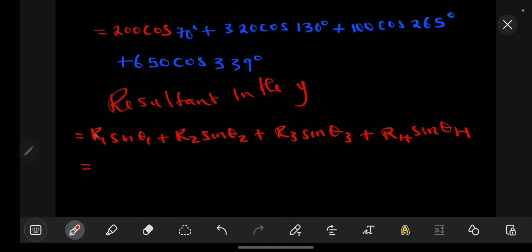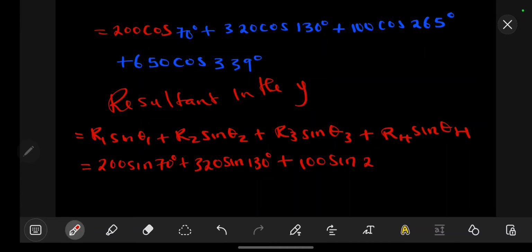So where there is r1, we are going to put a 200. Then we have the sine of theta 1, which is our 70 degrees, plus our r2, which is 320 sine of our 130 degrees. Then plus our r3, which is 100, then we have the sine of 265 measured from the positive x-axis.